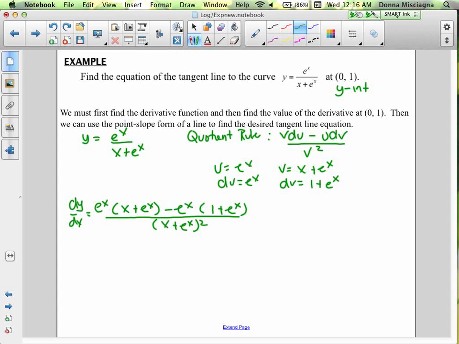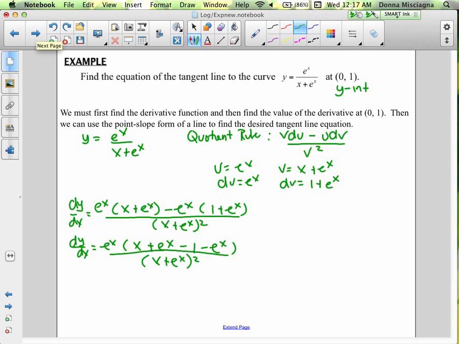Let's pull out a common factor since they both have an e to the x. All right, so dy dx equals e to the x, and then we would have x plus e to the x. Now don't forget to distribute the negative. Minus 1 minus e to the x, all over x plus e to the x squared.